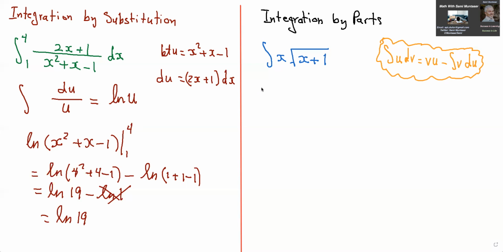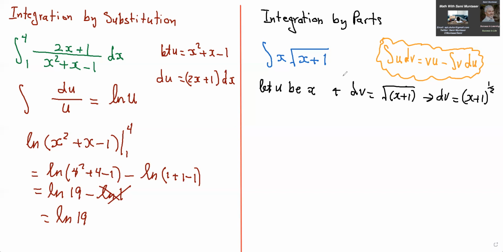I'm going to let u be x and dv be root x plus 1, which means dv is x plus 1 to the power of 1/2.